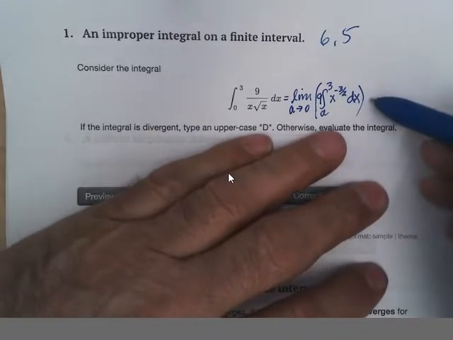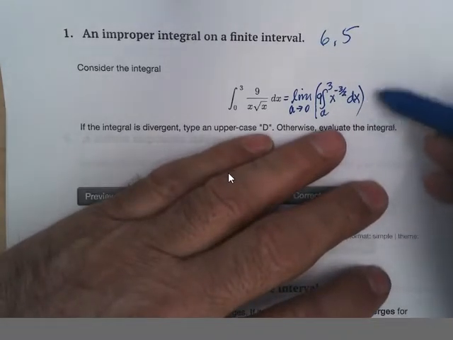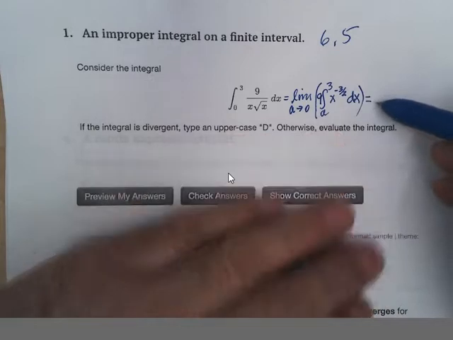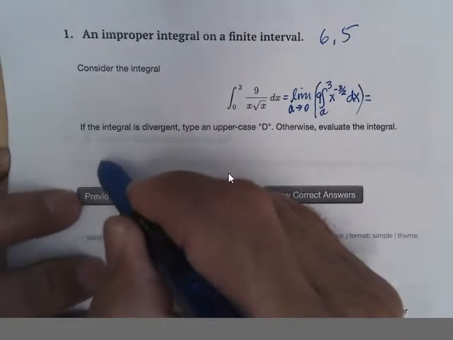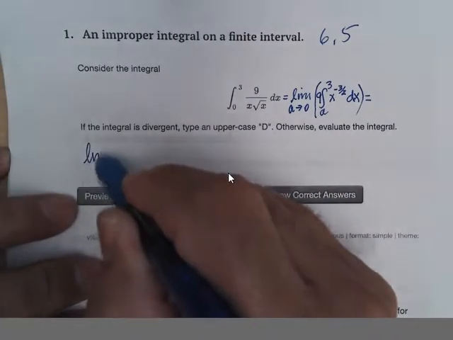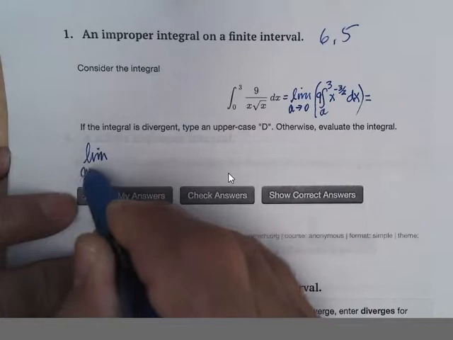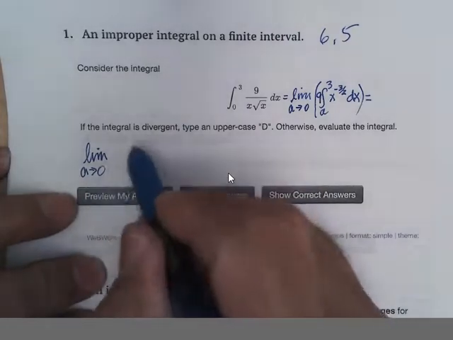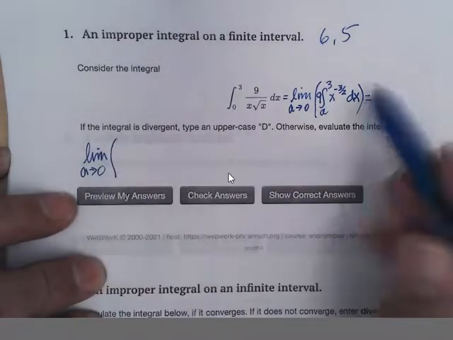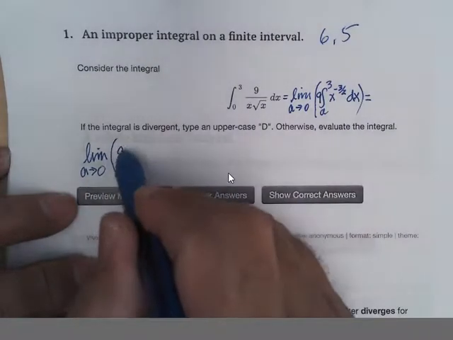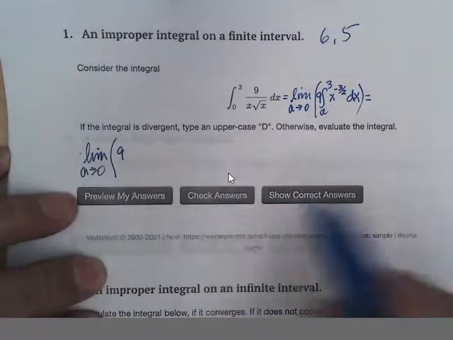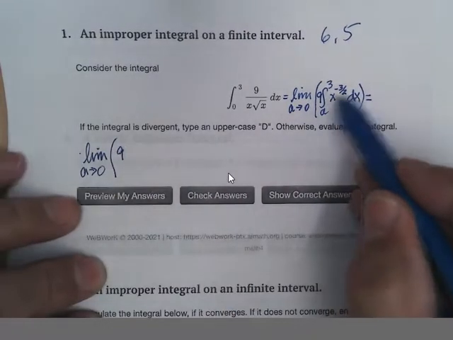So to integrate that, I haven't done the limit, so I'm going to write limit as a approaches 0 of, the 9 is there, and actually it could come clear out of the limit, but we're going to have this.